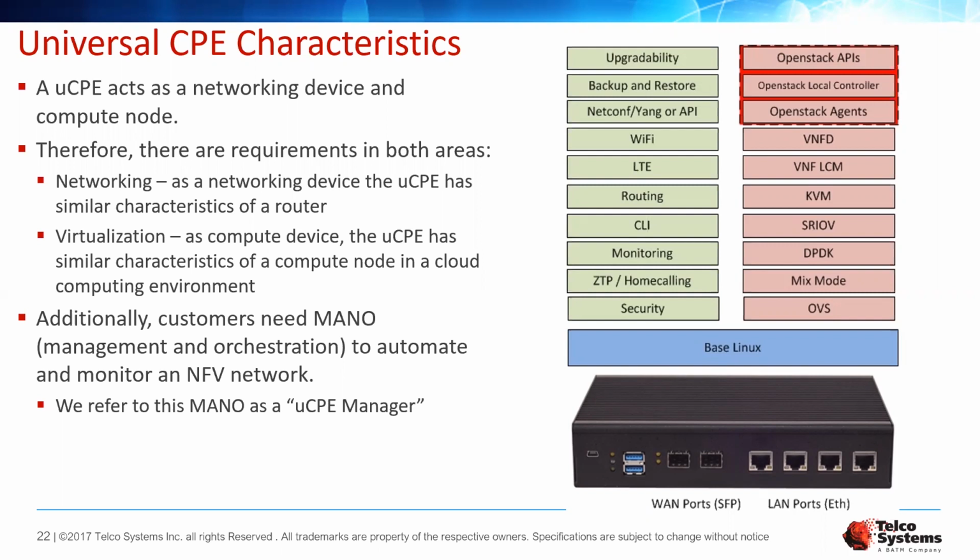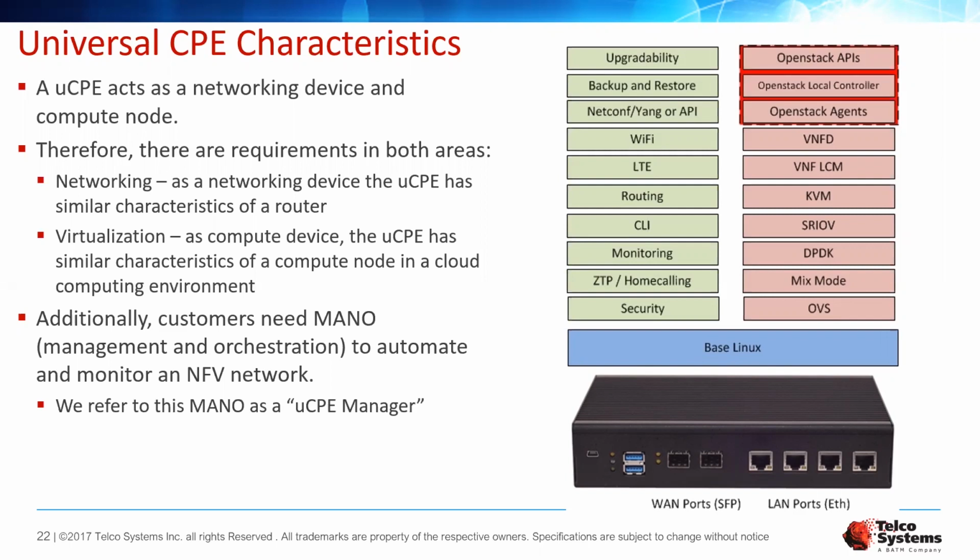And the different characteristics are things like you need routing, you need LTE, Wi-Fi. It has to be manageable via NETCONF and CLI. You need to do all the software monitoring, all the hardware monitoring, all the strict security. And then you have to do zero-touch provisioning, because the idea is to send these boxes to a customer prem and only connect power and network, and this has to be installed on itself.